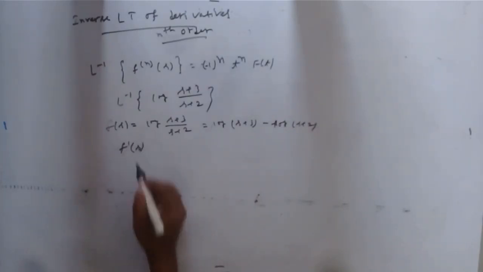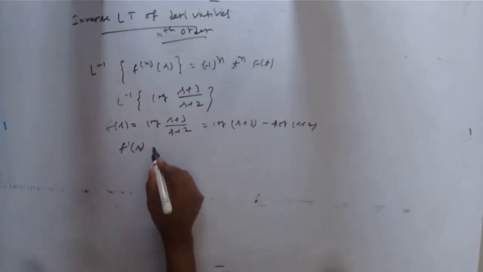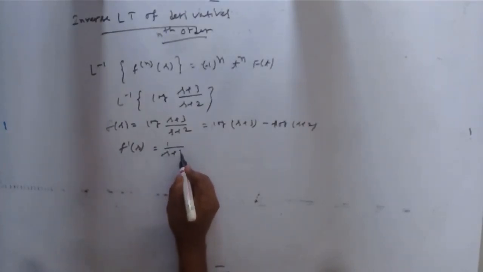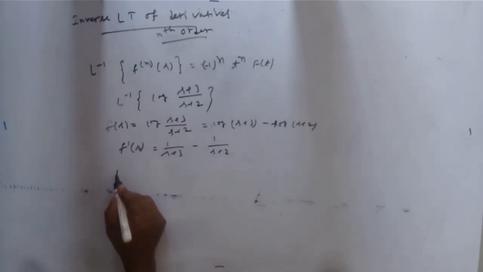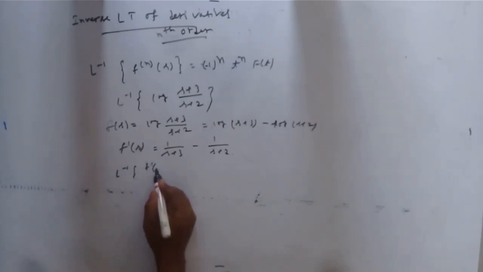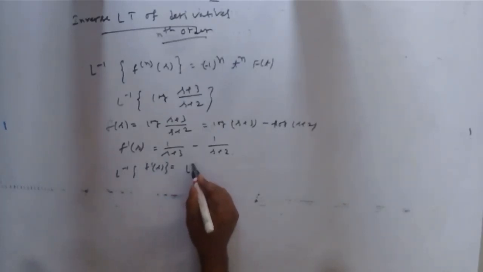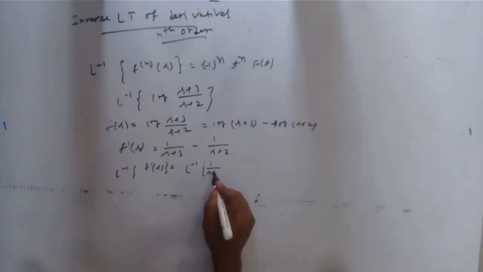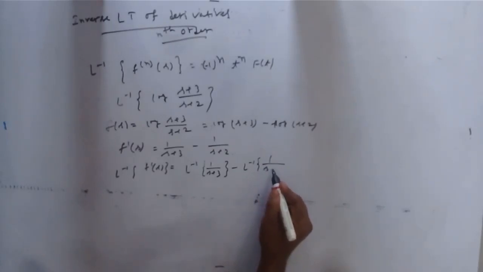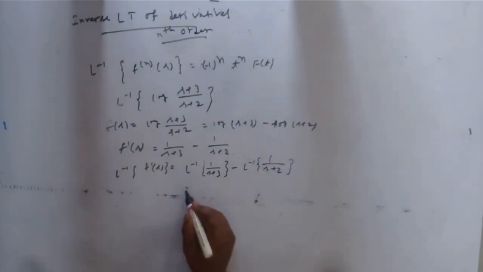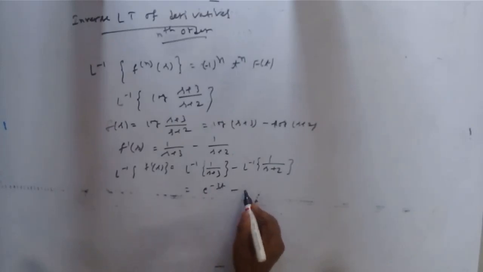Now F dash (s) will be equal to 1 by (s plus 3) minus 1 by (s plus 2). So L inverse of F dash (s) equals L inverse of 1 by (s plus 3) minus L inverse of 1 by (s plus 2), and that is equal to e to the power minus 3t minus e to the power minus 2t.